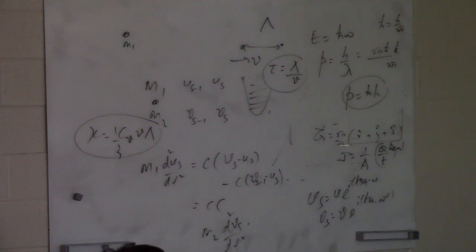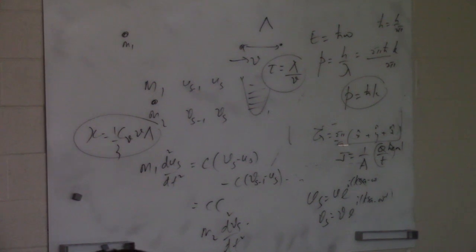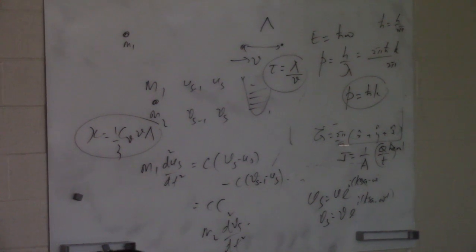Gamma is inversely proportional to n, because if you have more phonons, you have more scattering. So gamma is 1 over n, which means this goes upstairs: e to the h-bar omega over k_B T minus 1. That's all you need to know.